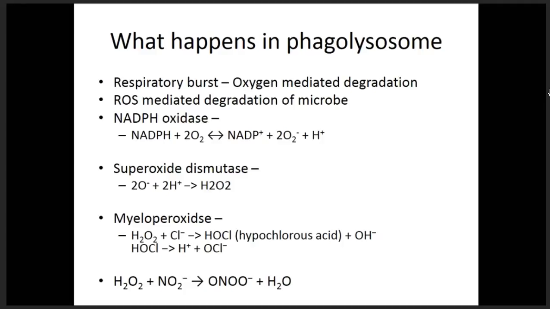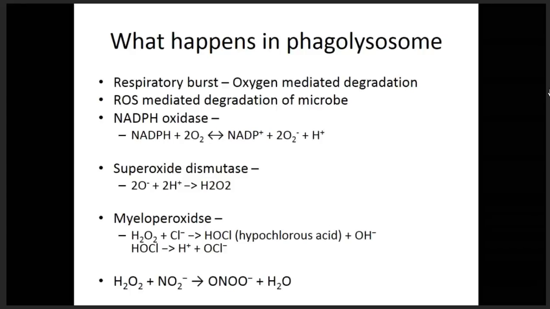Superoxide dismutase can then take two superoxide ions and hydrogen to make hydrogen peroxide. And the hydrogen peroxide can then react with chloride to form hypochlorous acid and hydroxide ion. HOCl then degrades into a proton and OCl minus, and it's the OCl minus that is the extremely potent free radical that's going to degrade the microbe.